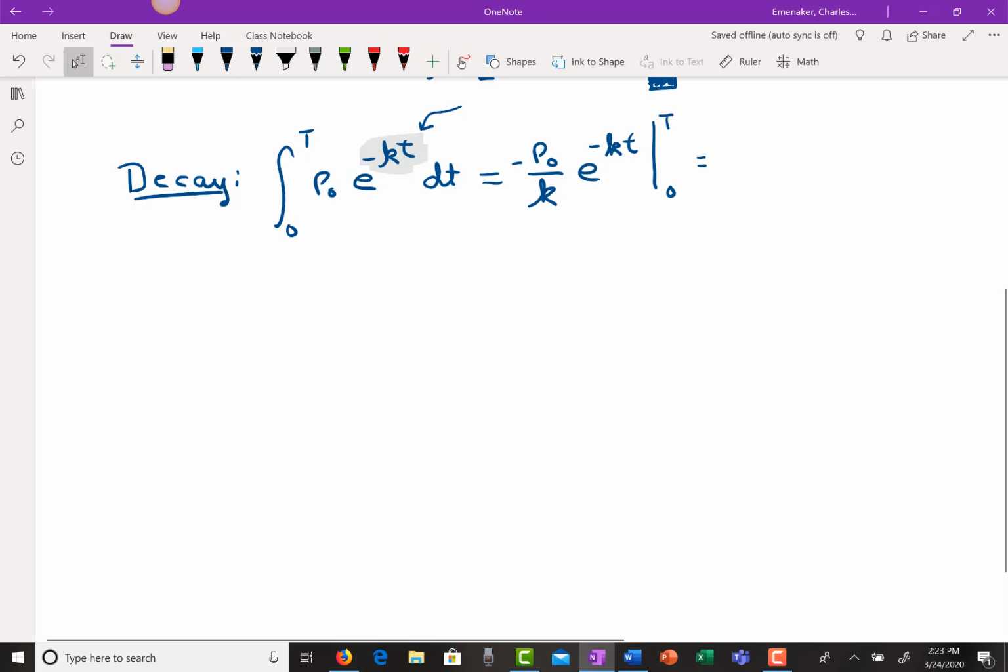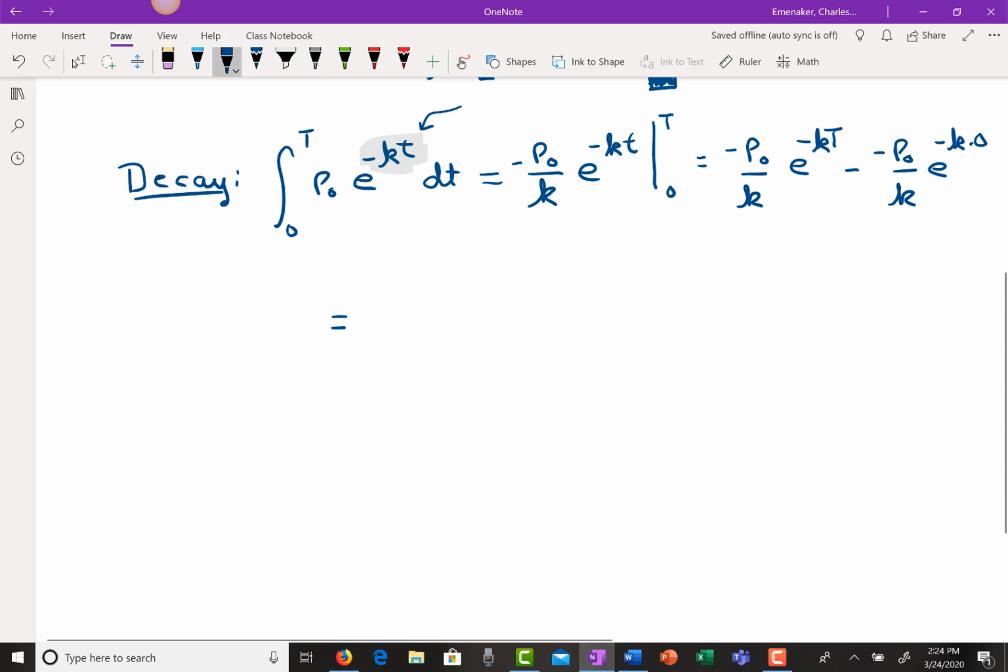This will then give us negative p sub 0 over k e to the negative k capital T minus a negative p sub 0 over k e to the negative k times 0. Things will behave similar to the previous example in some ways, with one very important difference.